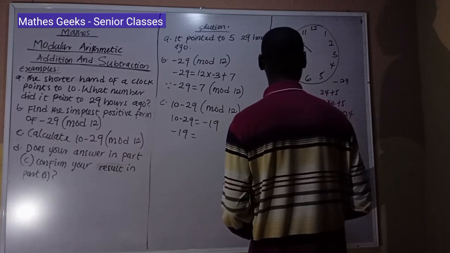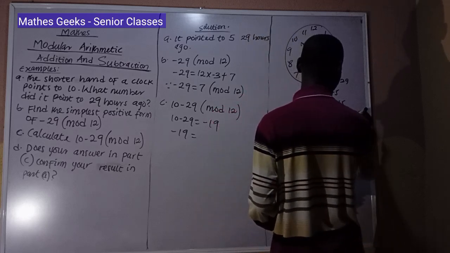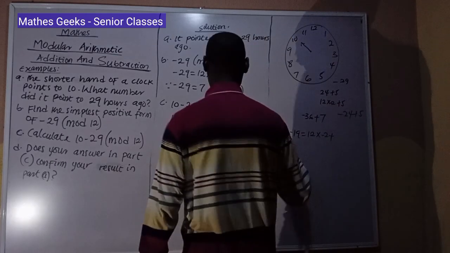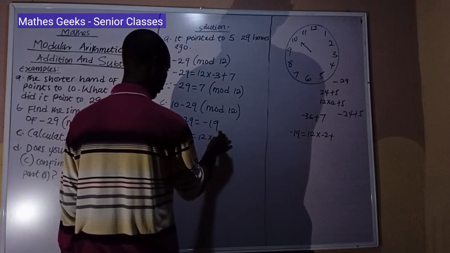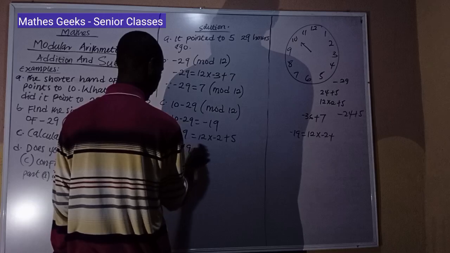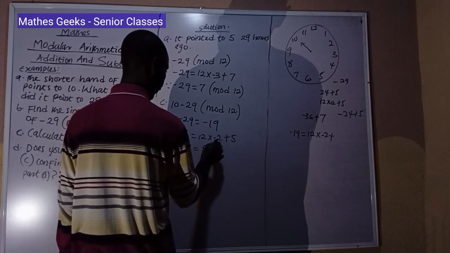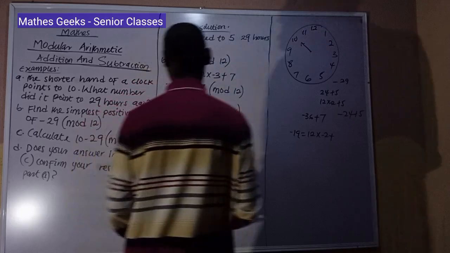What will be added to minus 24 to give us minus 19? That will be 5. So minus 19 is 12 times minus 2 plus 5. Therefore, minus 19 is equal to 5 in mod 12.